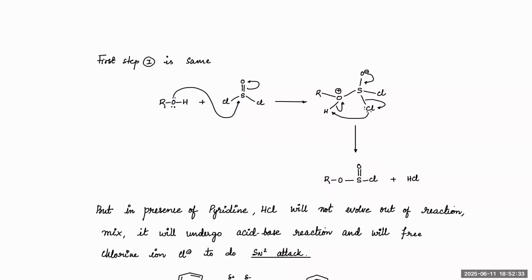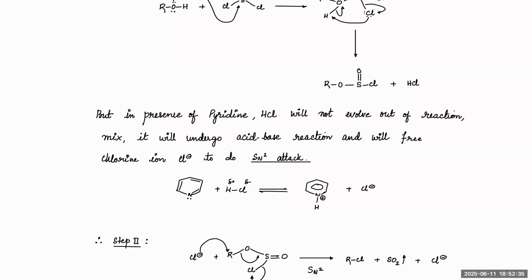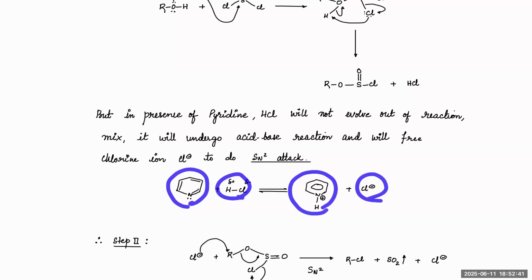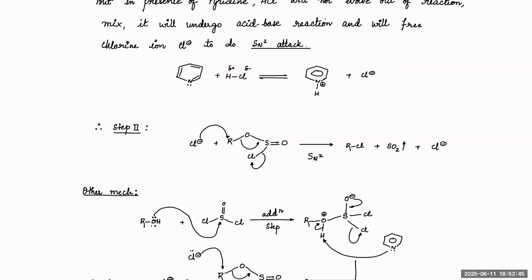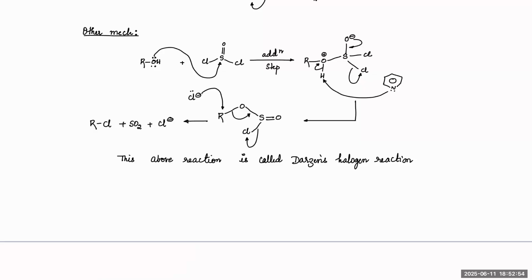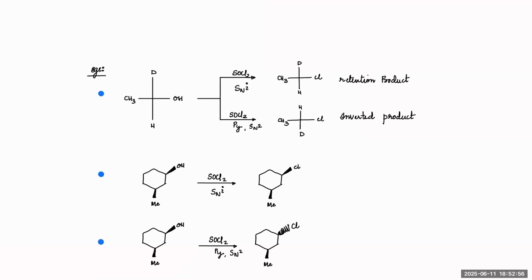Once you get this intermediate, pyridine has reacted with HCl to become pyridinium chloride. So more than internal attack, now the external attack of Cl minus will be favorable. So this will attack, this bond will close, Cl minus will be removed. So what are we getting? SN2. So the same reaction, just that if I use pyridine, it will become SN2.